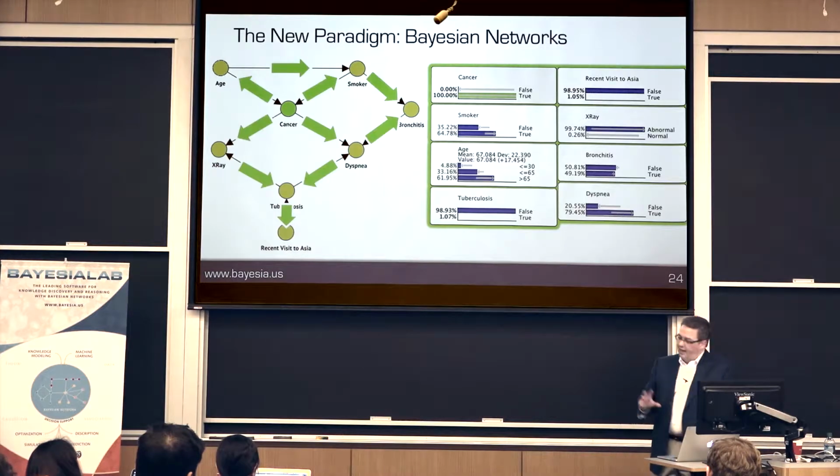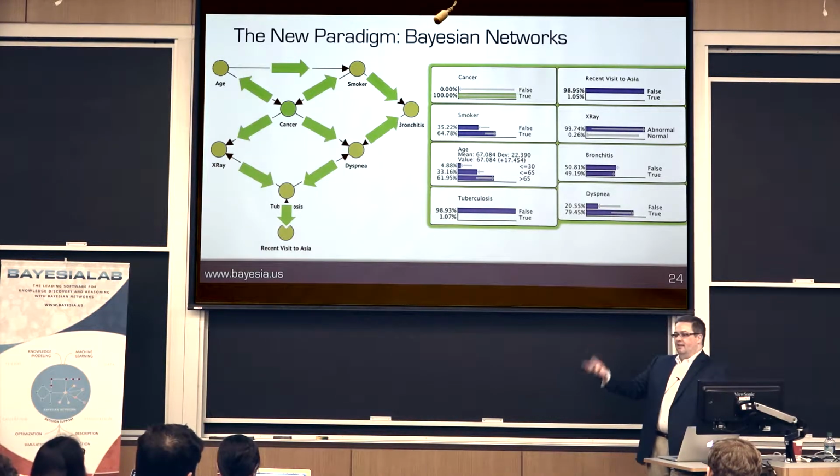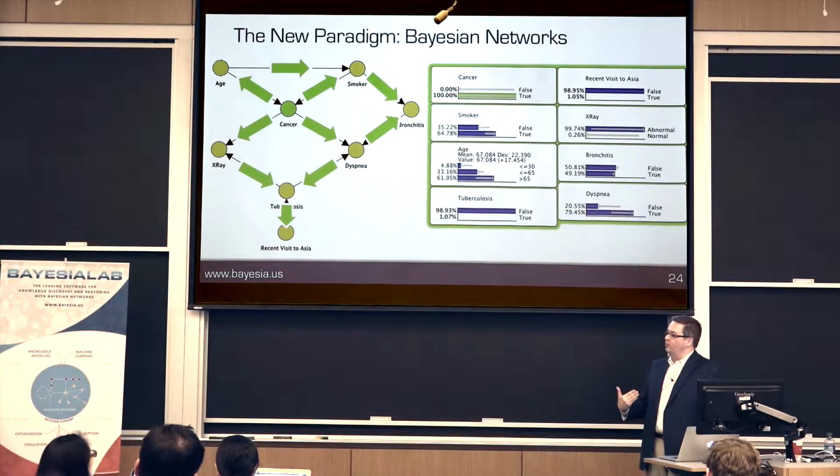But in a Bayesian network, you can't just perform inference between two nodes. Inference always happens across all nodes.